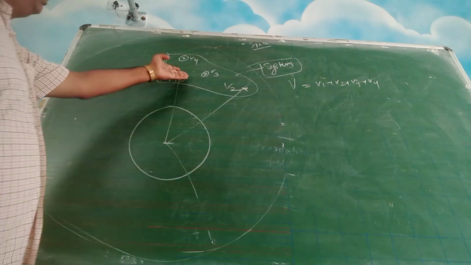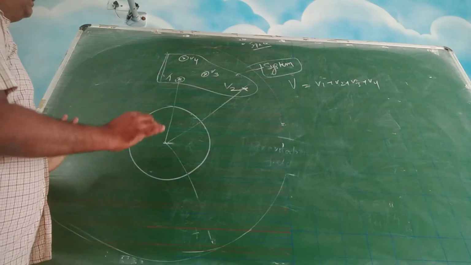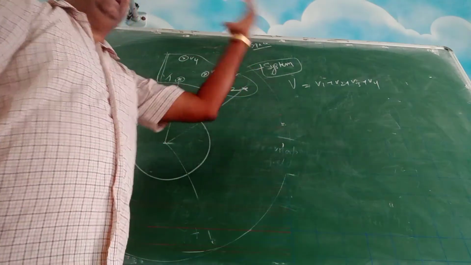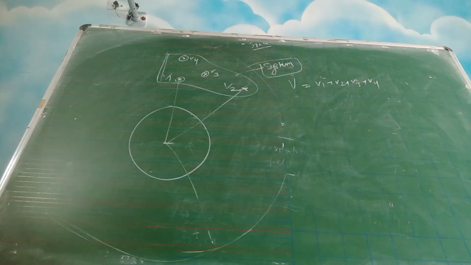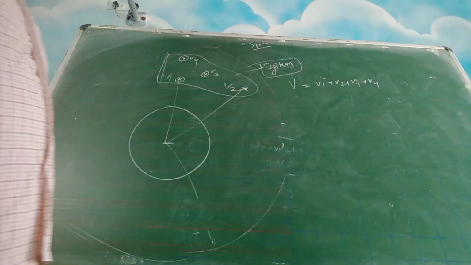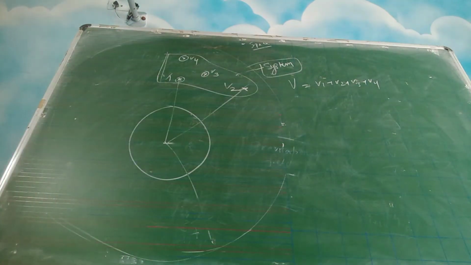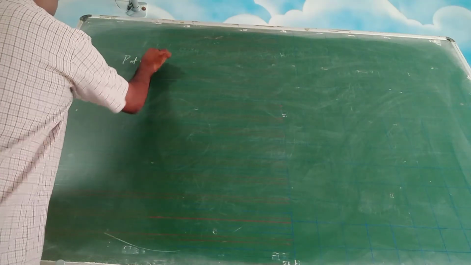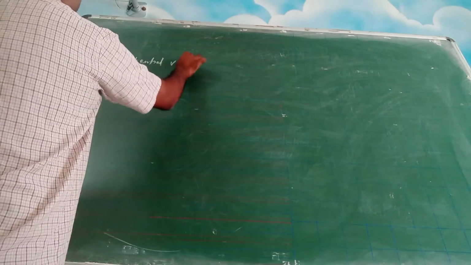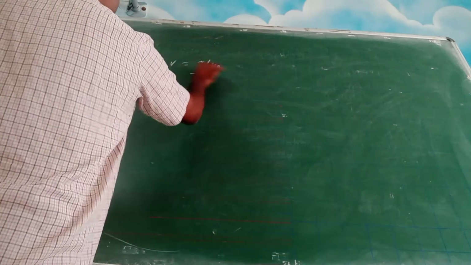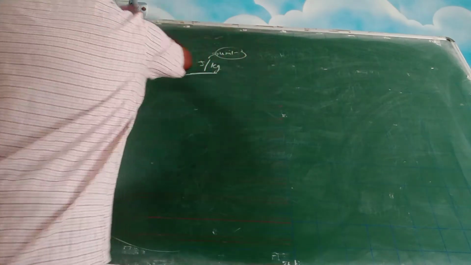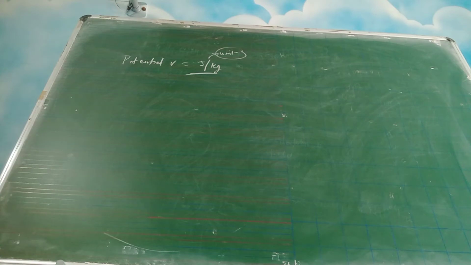In a system there can be 4, there can be 400. But if someone asks what the total potential of this system is, the method is to simply add them. Individually calculate them and add them. That is the approach. This potential V is expressed in units of joules per kg. Joules per kg is the unit of the potential.